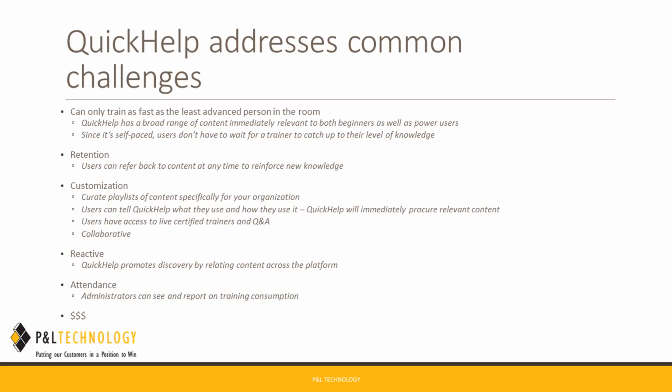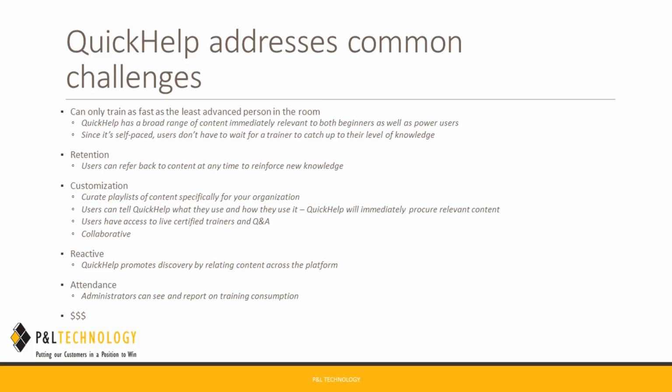So let's review again some of the challenges that we highlighted with previous training methods. One of the challenges we identified is that traditionally we can only train as fast as the least experienced person in the room. How does Quickhelp address that? Well, as we said, Quickhelp has a broad range of content that's immediately relevant no matter where you are.